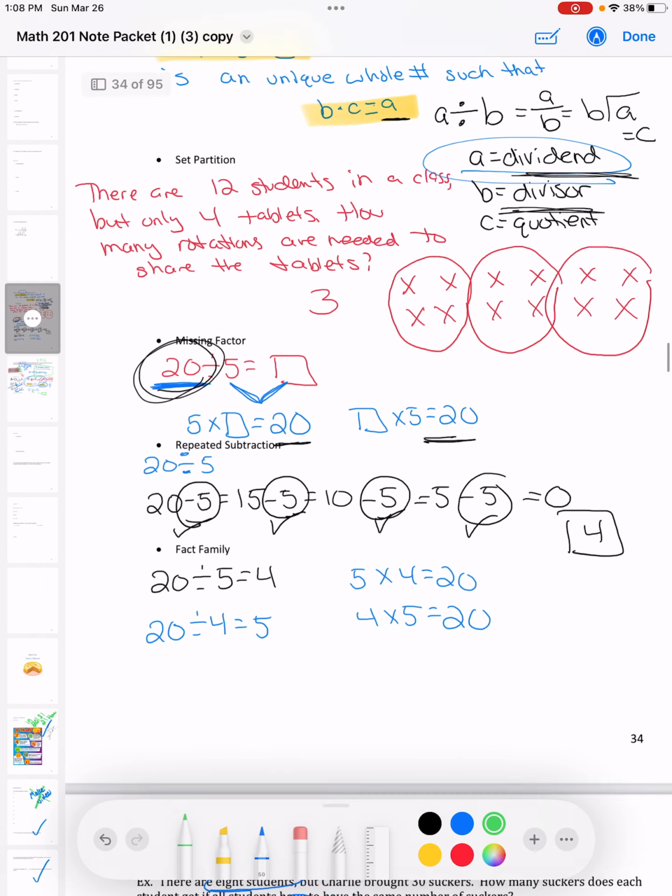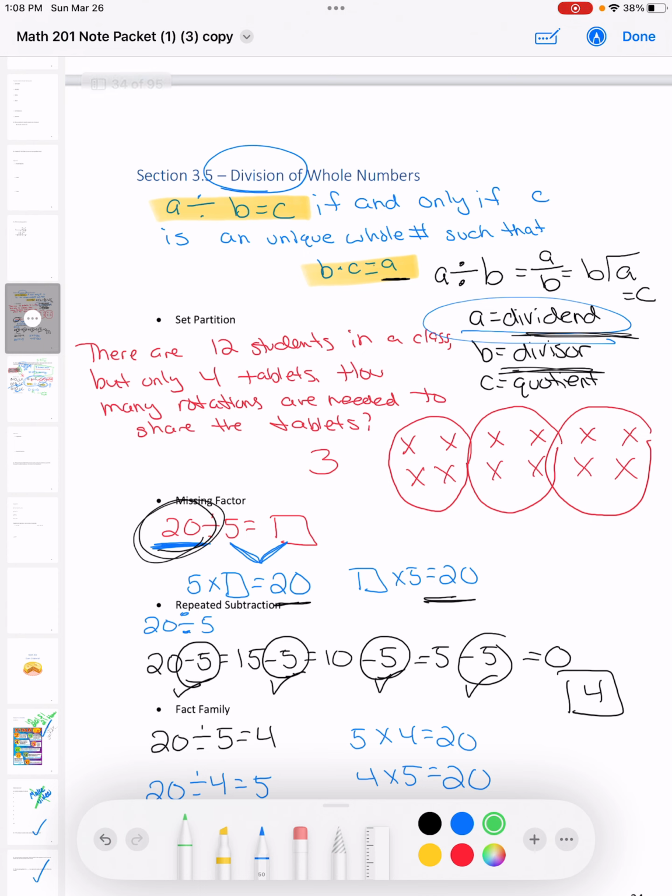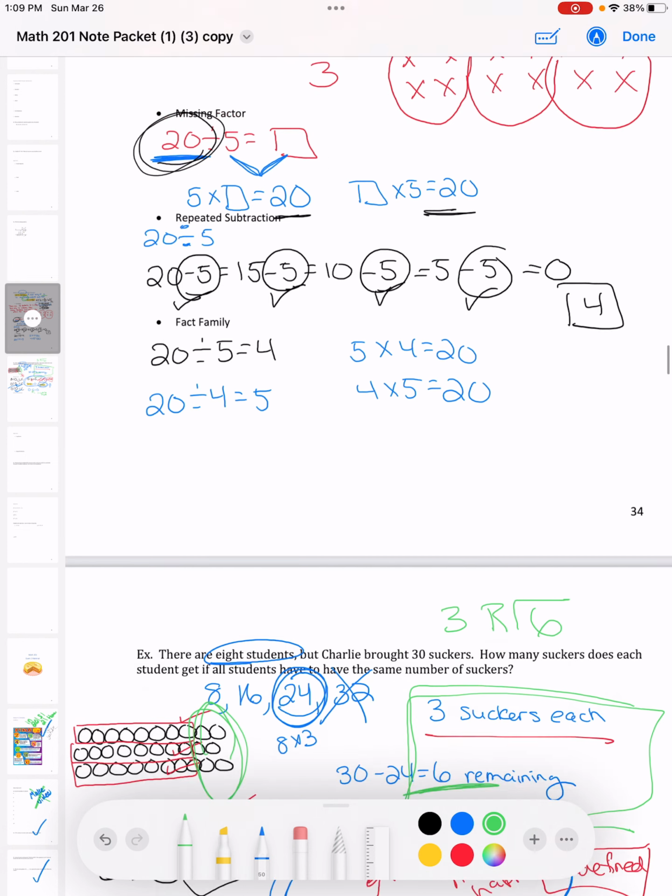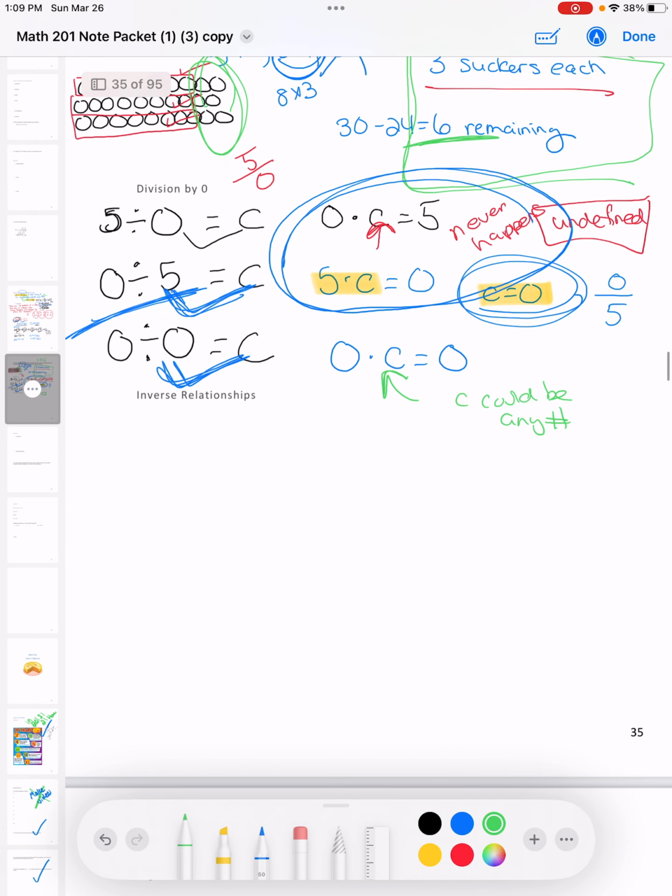And if we look at our definition, it has to be a unique number. It only works if there's only one answer for C. This problem has infinity answers. So that means it also doesn't work. So that's the reason when you have a 0 in both the numerator and denominator, or the dividend and the divisor, however you want to think about that, then my answer is undefined. It's not 0.